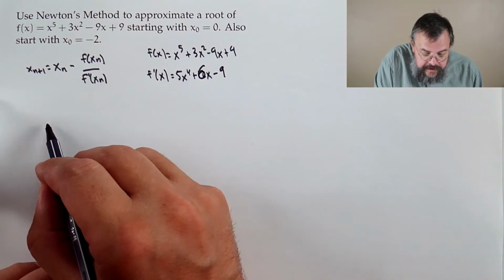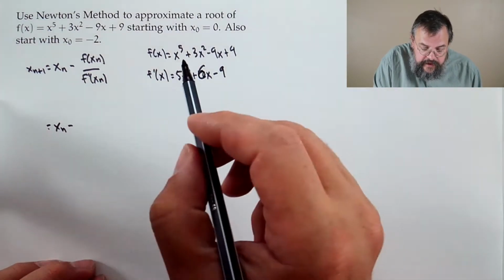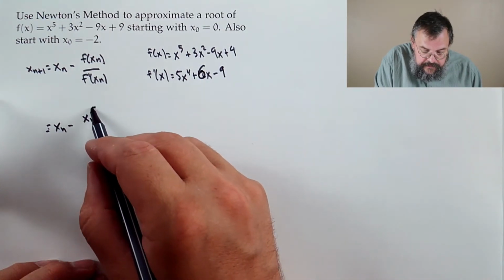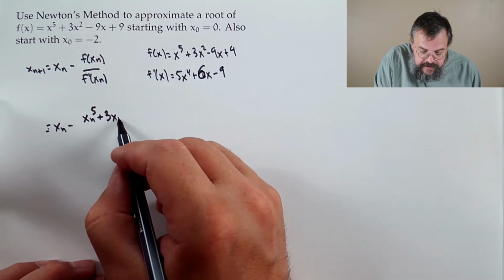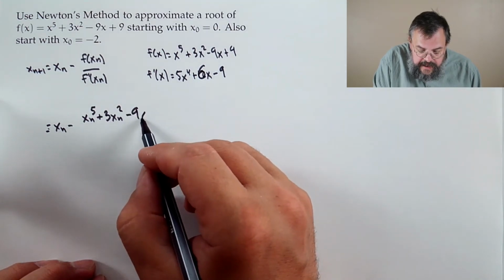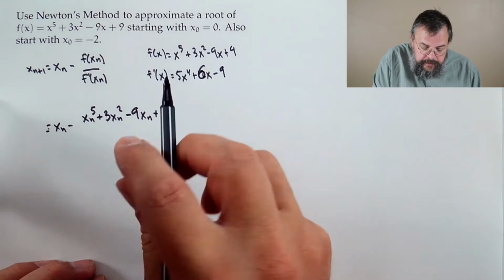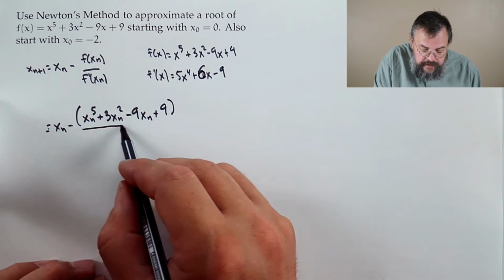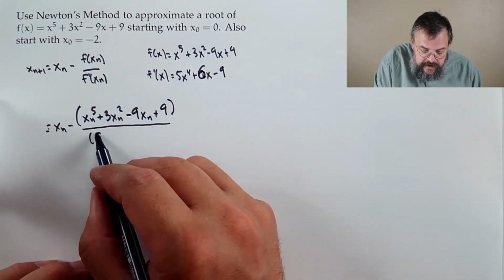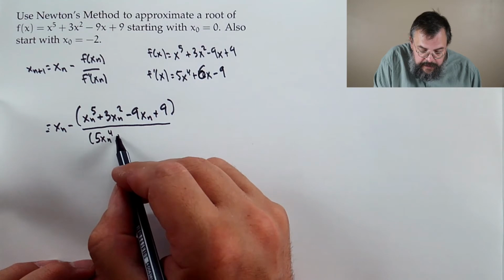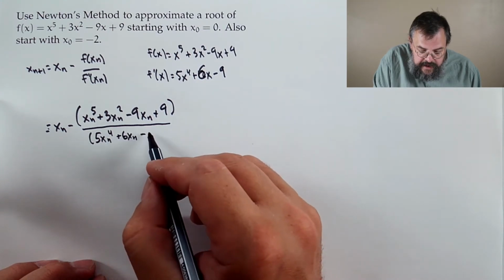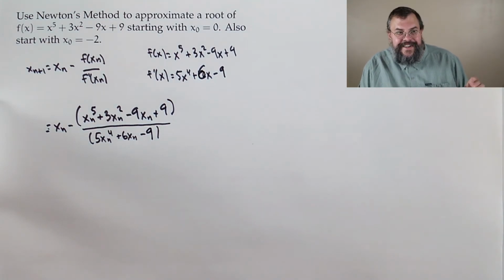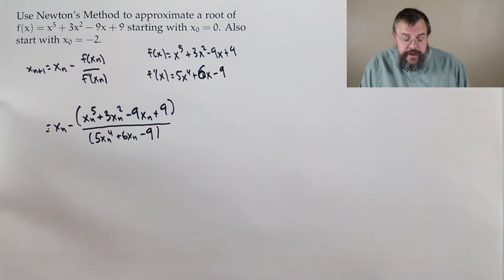So we have xn minus, then we have to plug this in, xn to the fifth plus 3 times xn squared minus 9xn plus 9. Divide that by 5xn to the fourth plus 6xn minus 9. Good. Done.